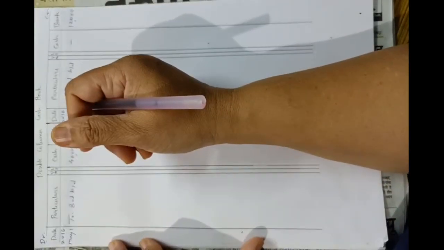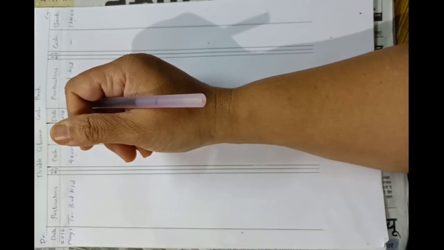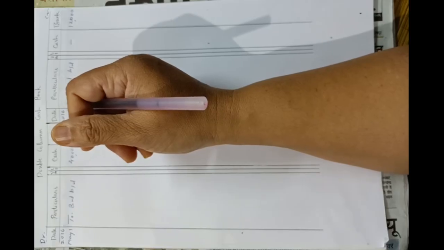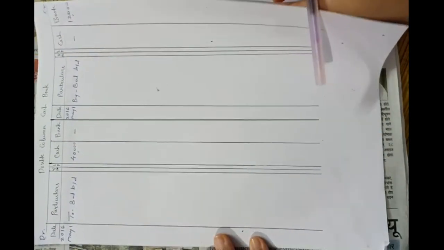Bought goods from Ajit for rupees 20,000 less 10% trade discount. Here we will calculate in our working note the trade discount, because afterwards that amount will be payable to Ajit.